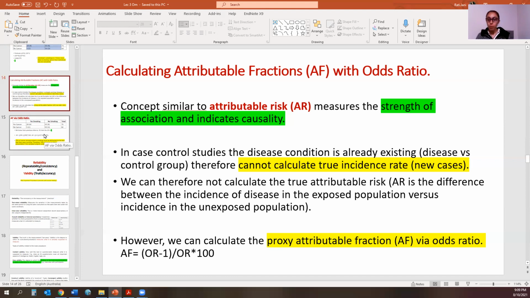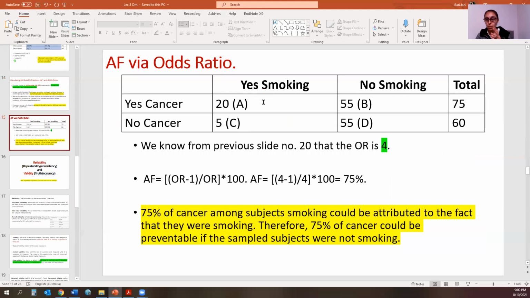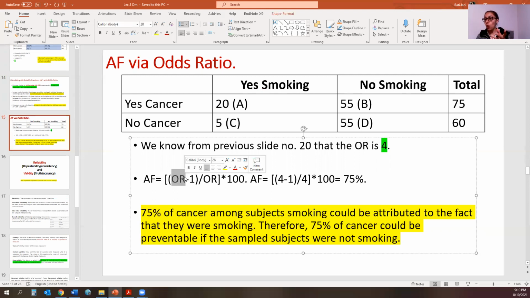But yes, for me, how I apply this formula in an example is what I'm interested in. So let's look at this same example again, so we can see the comparison. You have individuals with cancer, without cancer, and then you want to see if they were smoking or not smoking. As you see in the formula, the first thing you need is the odds ratio.